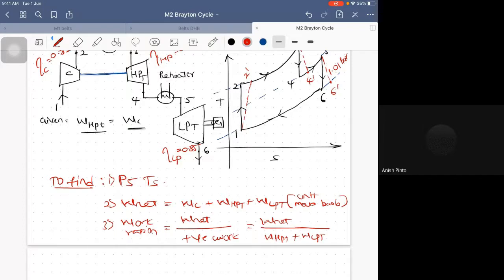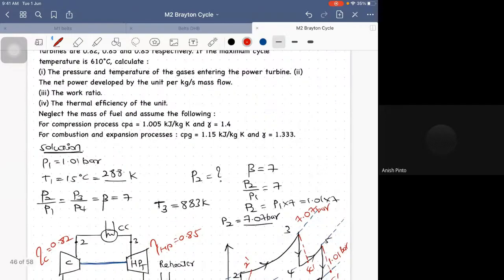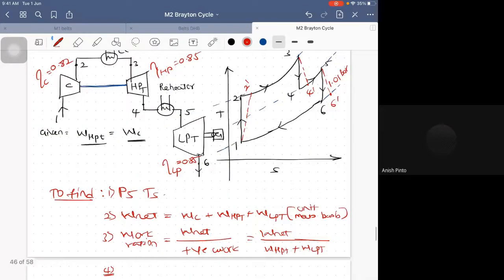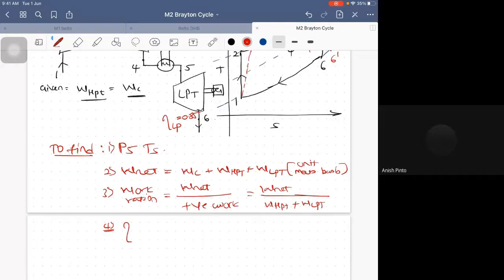Now, what is the fourth point that you need to calculate? The thermal efficiency of the unit. So how will you calculate the thermal efficiency of the unit? Efficiency of the Brayton cycle, anyone?